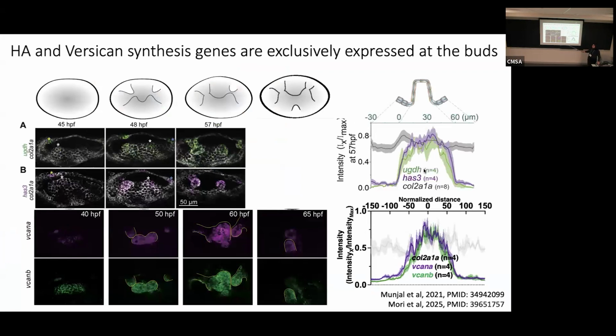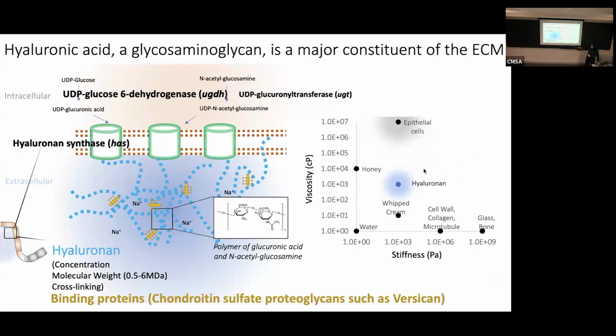So just quickly, for the developmental biologists in the audience, the genes required for hyaluronic acid synthesis are exclusively expressed at the sites of morphogenesis. This one is required for substrate synthesis, and this one is required for the polymerization of the substrate. And I didn't mention in the previous slide that there are proteoglycans that can bind hyaluronic acid, and it confers the hydrogel some structural properties. The chondroitin sulfate side chains of these proteoglycans can also contribute to the osmotic swelling of this hydrogel.